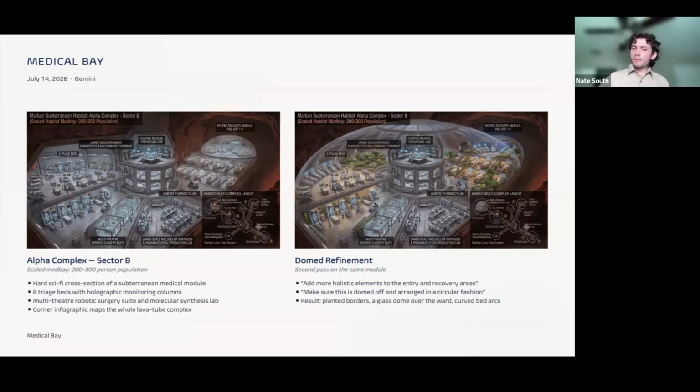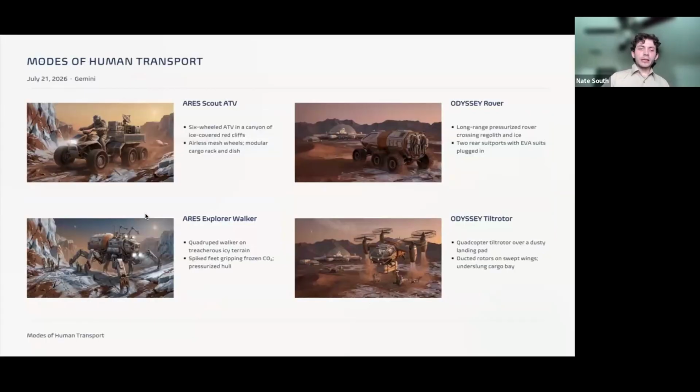concepts. After this, we were looking at modes of transport. So what would it look like for having crew go back and forth between either mining locations or even other areas? Maybe there's another habitat that we set up as an outpost.